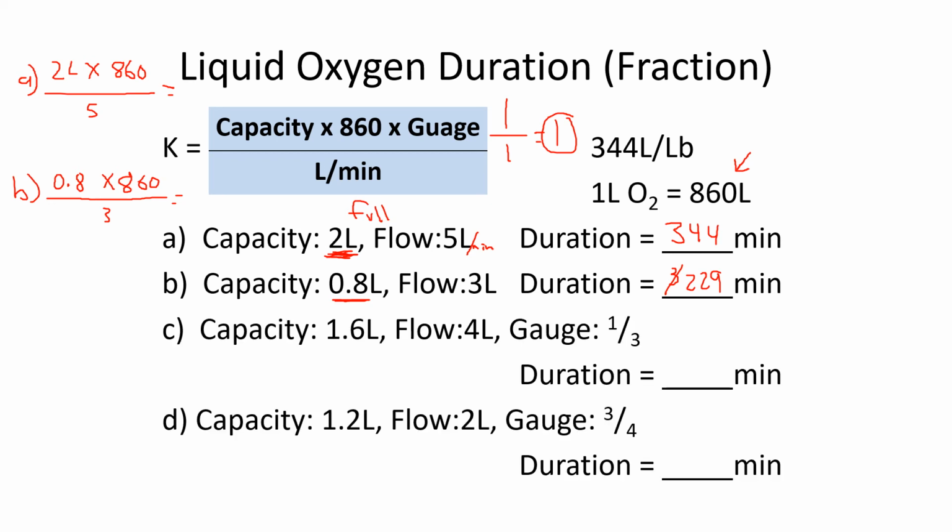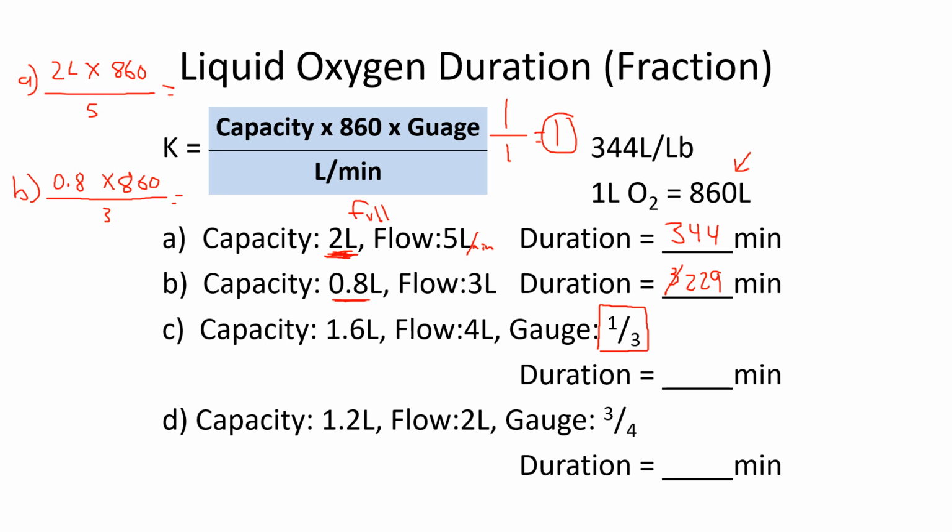This time the gauge will come into effect. So again, the gauge is just an arbitrary gauge. It's just saying, hey, this container is 1/3 full right now. So the capacity is 1.6.